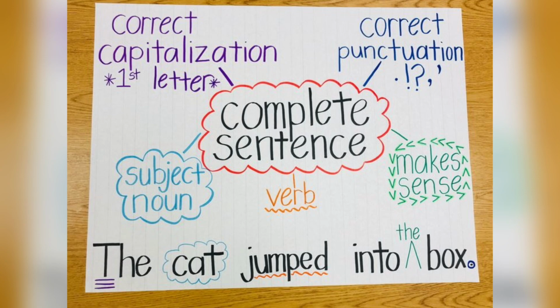The last thing you want to make sure when you are writing a complete sentence is that it makes sense. Look at the example. The cat jumped into the box. Without the word the, it wouldn't have made sense. So let's review. A complete sentence needs a capital letter, a subject, a verb, punctuation, and it must make sense. Now you are ready to begin your draft. Do your very best and have fun.